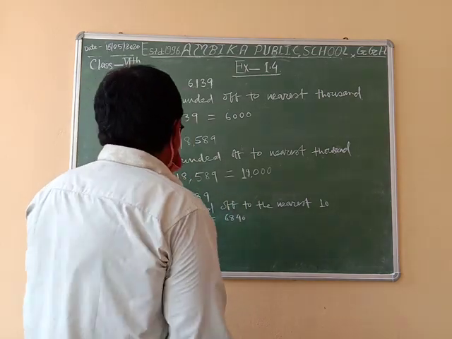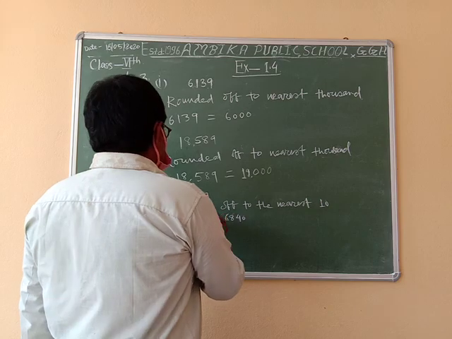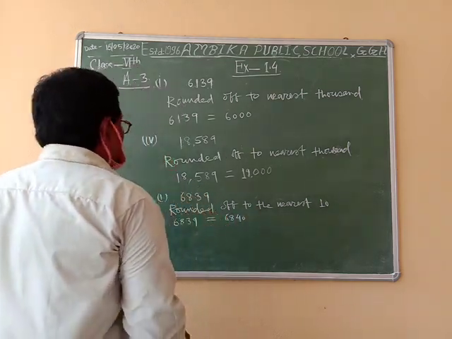So rounding off to the nearest 10 is equal to 6840.